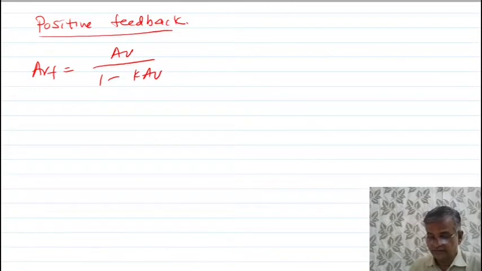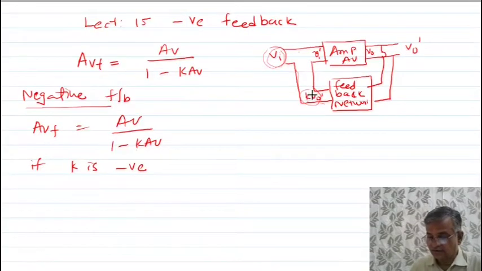For positive feedback, the input voltage and feedback voltage must be in phase, or they have a zero phase shift, or a 360-degree phase shift. So the effective input signal increases. In positive feedback, the effective input signal increases; in negative feedback, the effective input signal decreases.